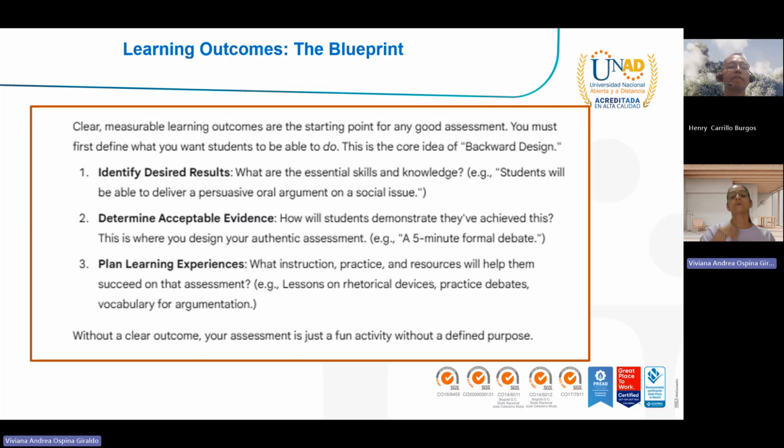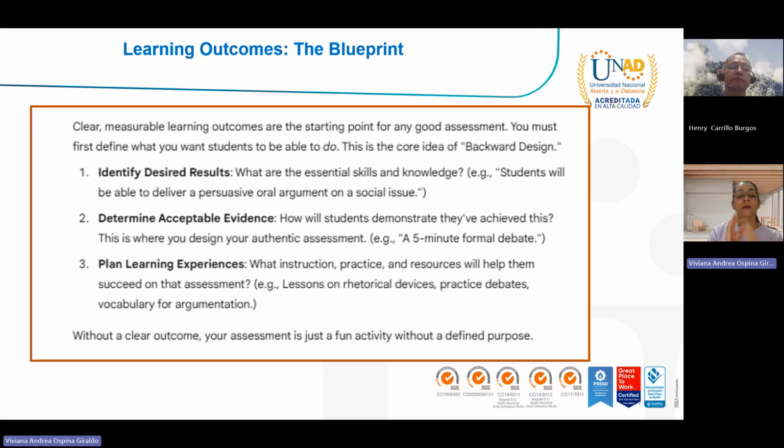So when I need to give my students the core outcomes, I need to tell them exactly what is expected of them and what they will be able to do. Students will be able to deliver a persuasive oral argument on a social issue, and then they have to demonstrate it, right? So they will do that in a 5-minute formal debate, and they can plan this through lessons on rhetorical devices, practicing debates and vocabulary for argumentation.